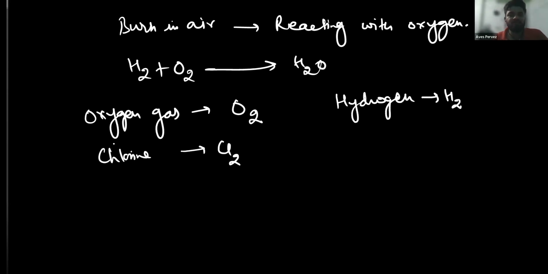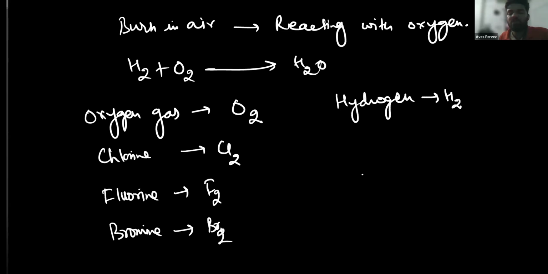But the elements that are important are hydrogen, chlorine, oxygen, fluorine, that is F2, bromine, that is Br2. Okay, so you need to write the names of these ones because these are very important.